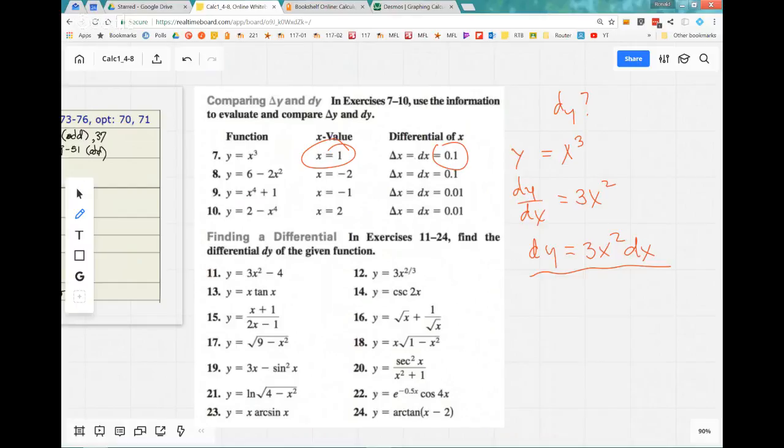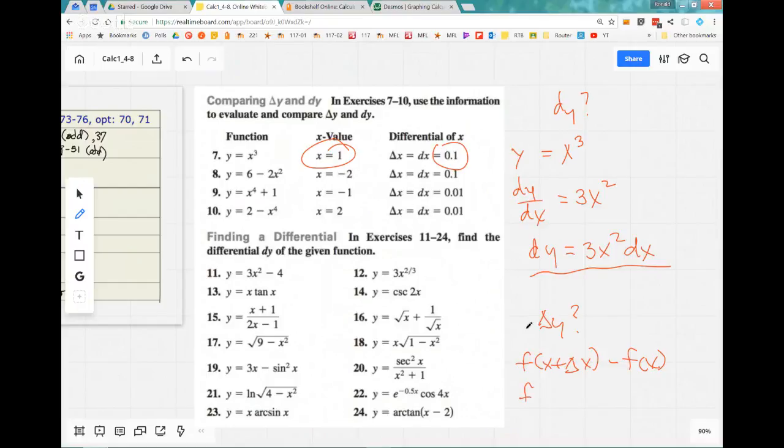Okay, what's delta y? To find delta y, you are trying to find f of x plus delta x minus f of x. So in this problem, what is that?